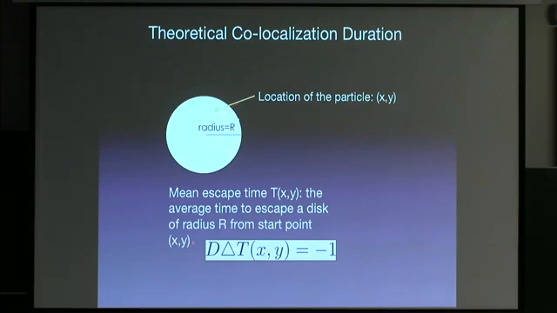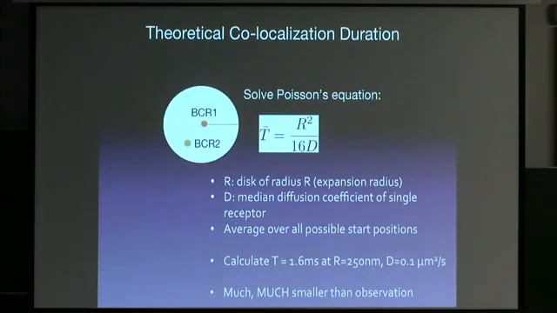How long is it going to take? The diffusion coefficient times the Laplacian of the escape time is equal to -1. This is the Poisson equation which defines the escape time. We can solve that and we get r squared over 16d. It's normally 8d, but because there are two particles involved, you effectively double the diffusion coefficient.